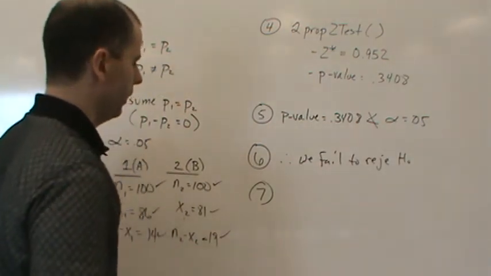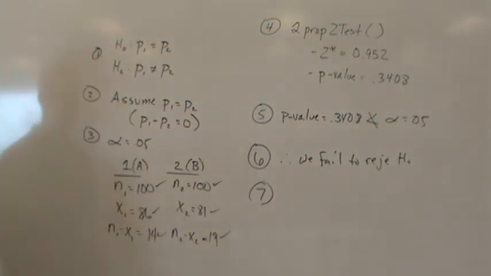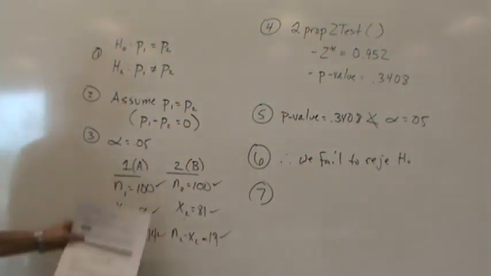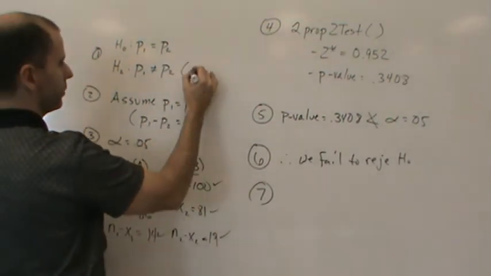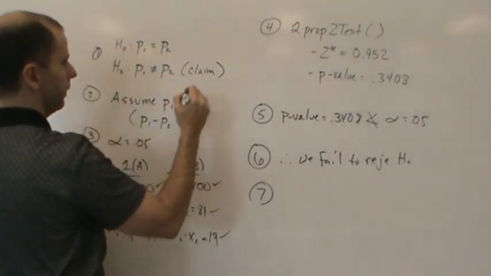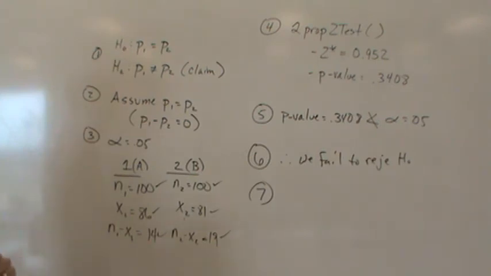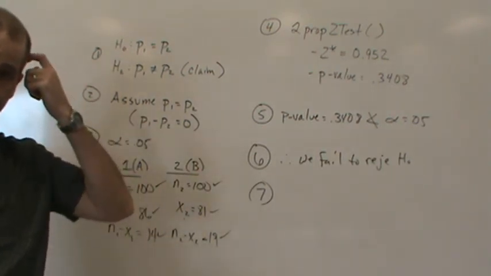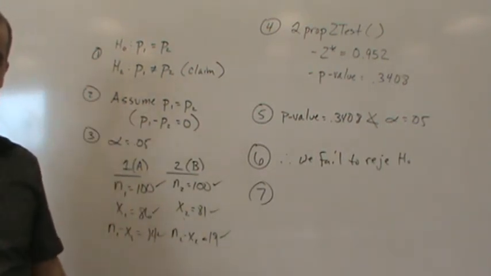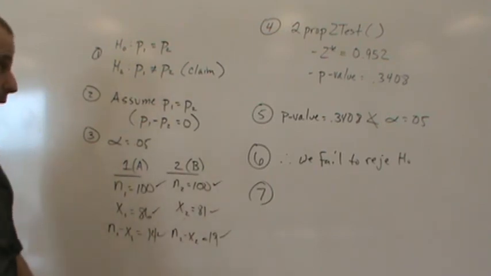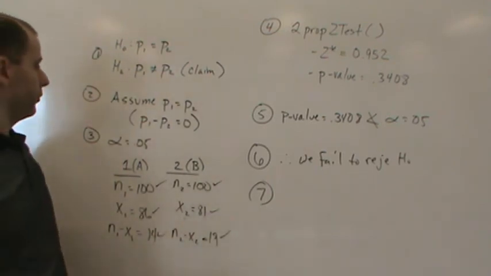And so now the conclusion is the same. We go back to the claim. What's the claim? The alternative, right? That there's a difference in the number of valves that fail under that specific pressure. So what do we say?